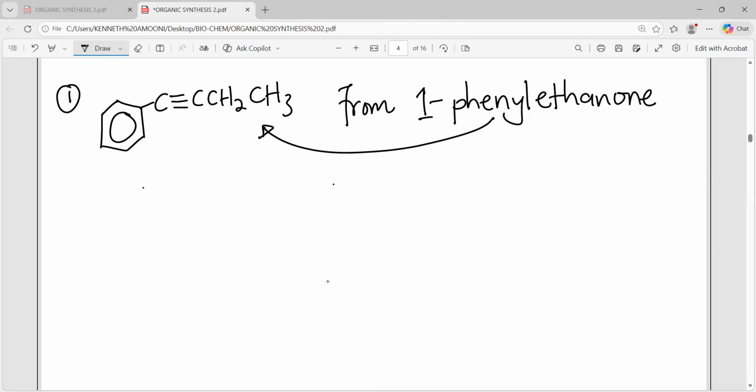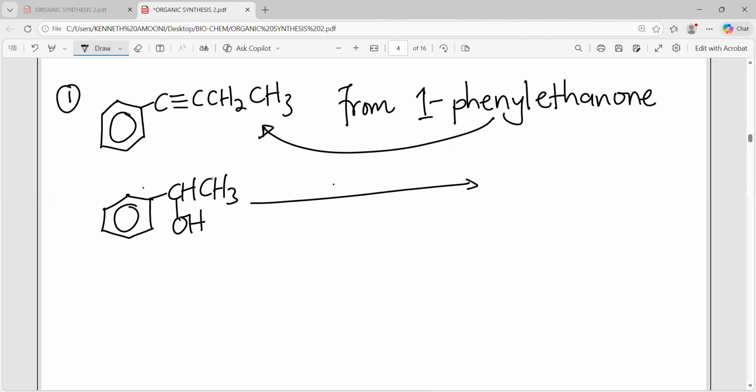So we can draw the structure of 1-phenyl ethanol. It is like that. So we are moving from that compound to this compound.